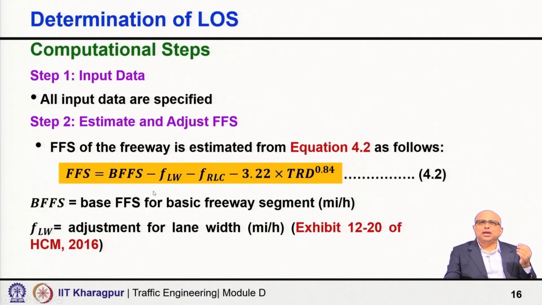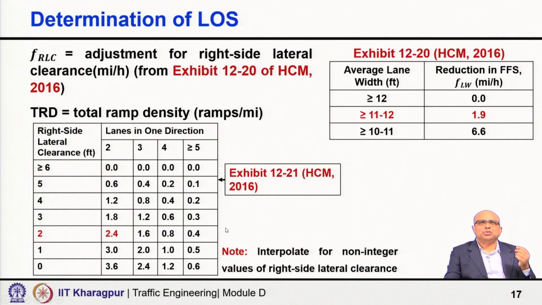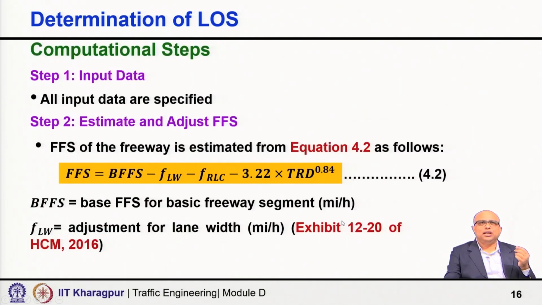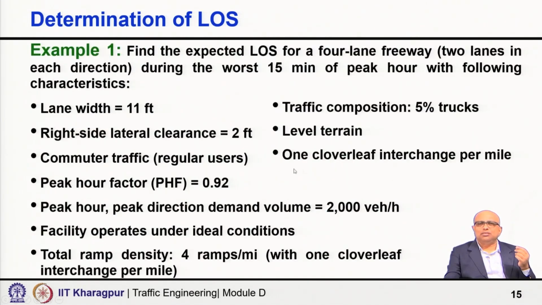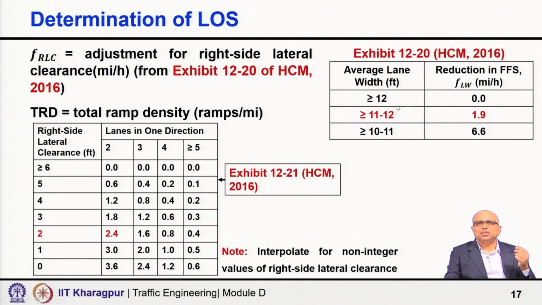Now, we apply equation 4.2 because it is the freeway segment. First, the correction with respect to lane width. What will the value be? For lane width 11 to 12 feet, it is 1.9. The lane width was 11 feet, so we take this correction as 1.9 miles per hour reduction.